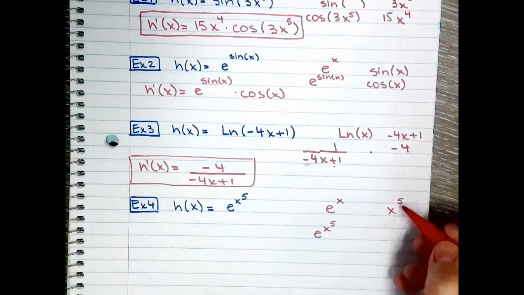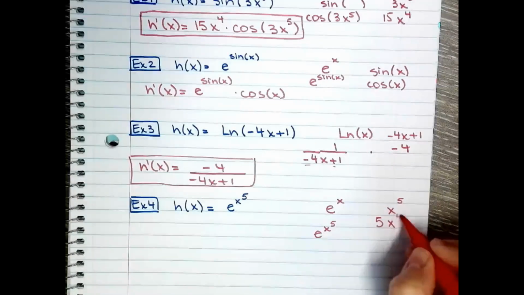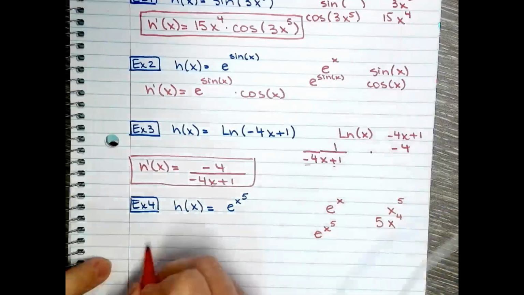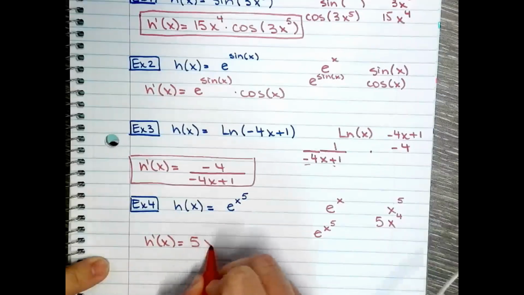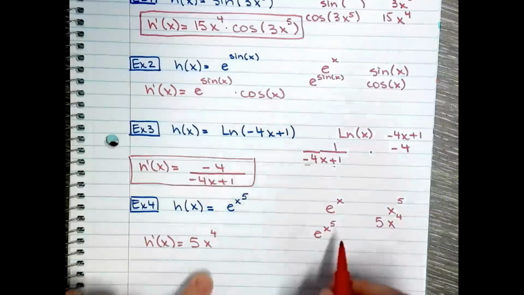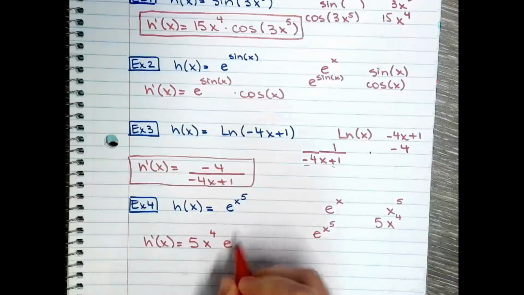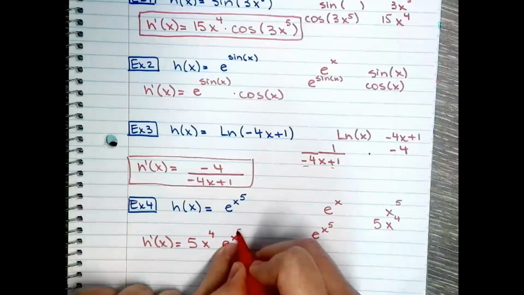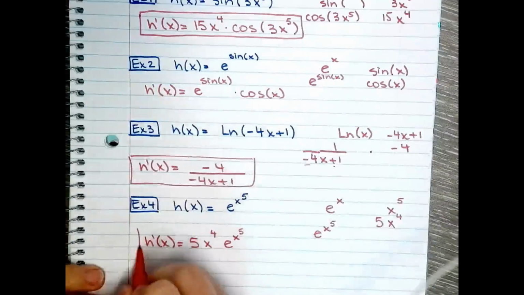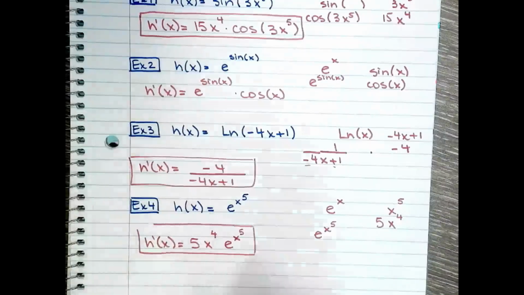Now this one is easy. 5 goes in the front multiplying, and then you reduce 1 from the exponent. So 5x to the 4th power. Bring it together. So I have 5x to the 4th power, and then the derivative of e to the x power is e to the power of x, but my function is x to the 5th power. All done.